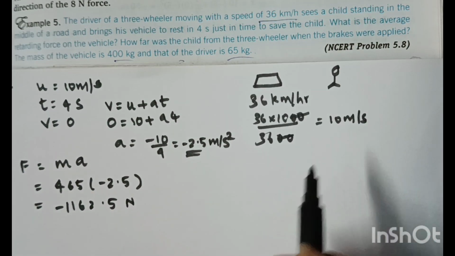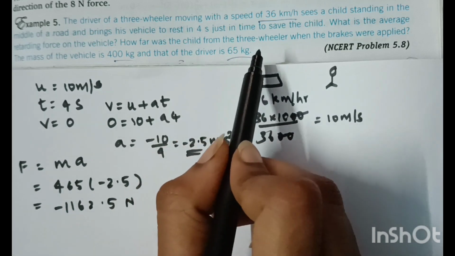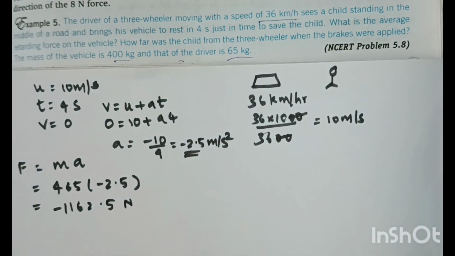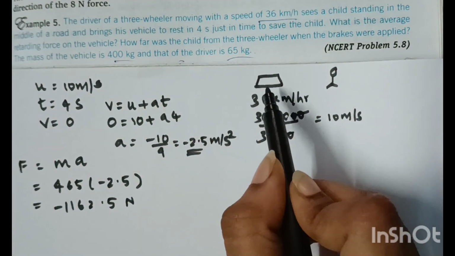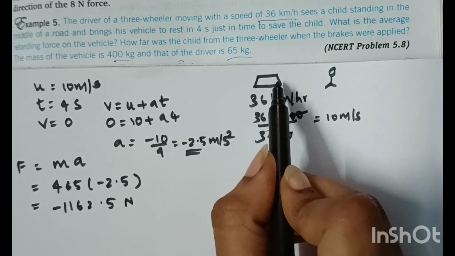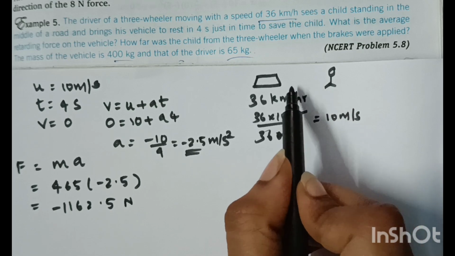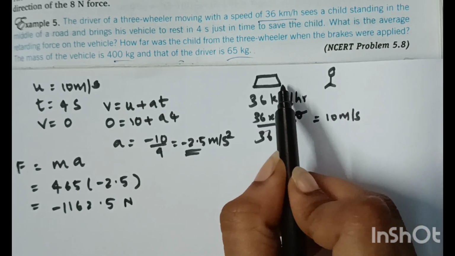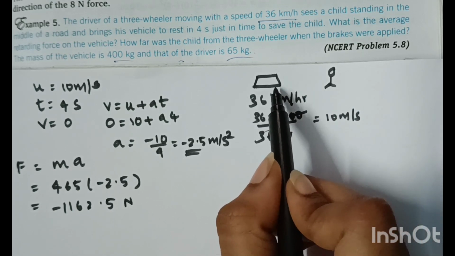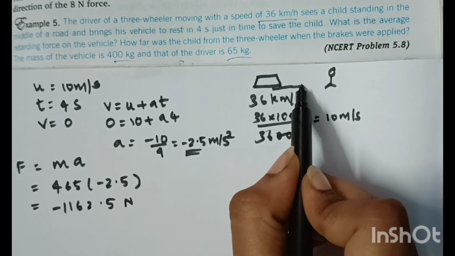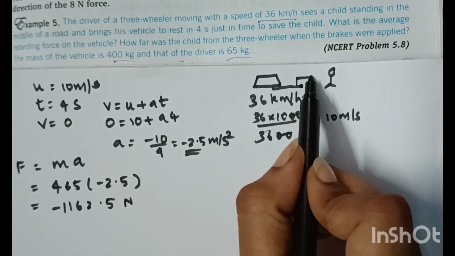So next question is, how far was the child from the three-wheeler when the brakes were applied? So suppose the initial distance when the driver is seeing the child is this much, okay, then it took 4 seconds to stop. That means he would have come up to this point, and then he is stopping here.